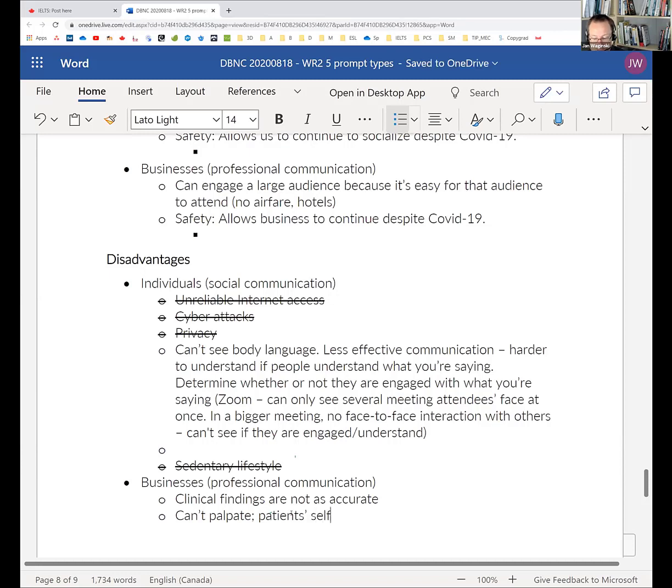Patients' self-reports are not as reliable. What else could we say? Because the finding will be missed. If you cannot assess properly, like if you are unable to palpate or you are unable to auscultate, the finding will be missed.